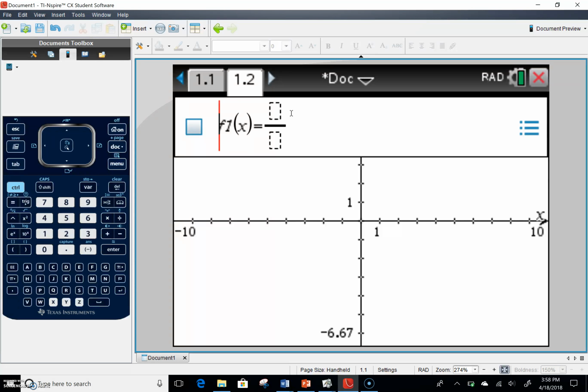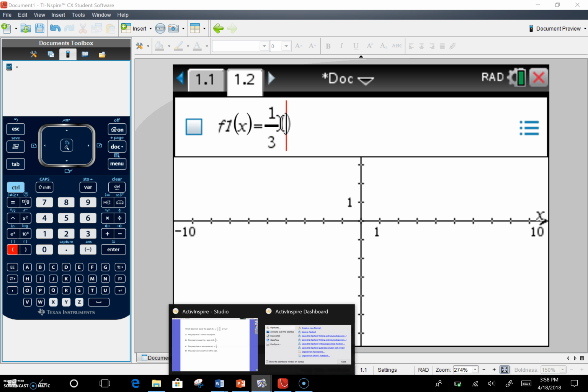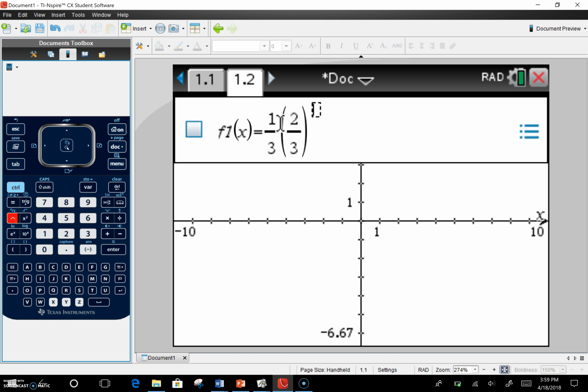Okay, something's wrong with my calculator right now. Over 3, 2 over 3, to the x power.